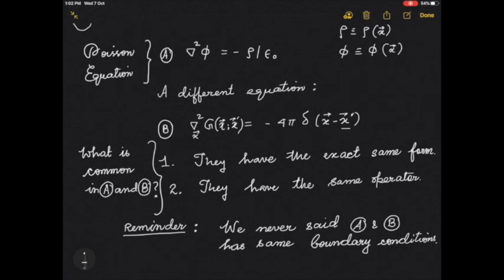At this point, we are looking at two completely different problems, two differential equations, but there are some things which are common between them. They have the same exact form and they have the same exact operators. The source terms are different, and they don't have the same boundary condition. They need not have the same boundary condition. We have not said that they have the same boundary condition.